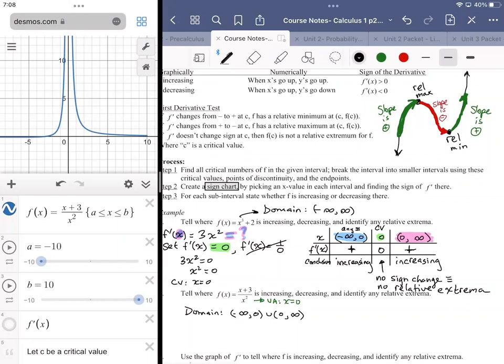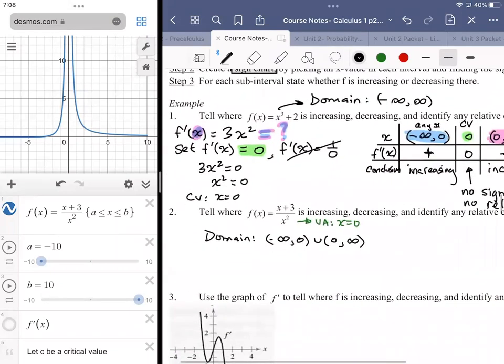Then I got to find the derivative of this, which is fun, right? Because a little quotient rule action for you. I've done that in a little bit. So f prime of x: low d high.